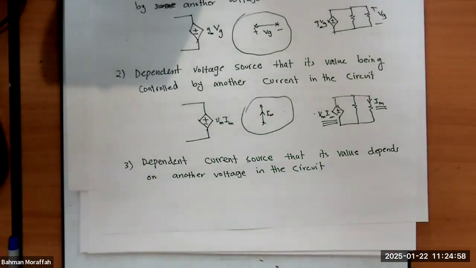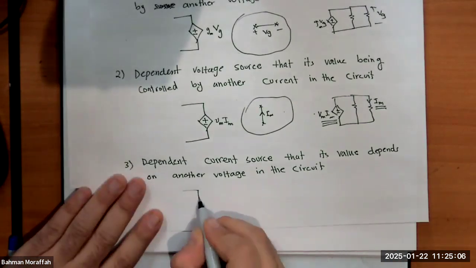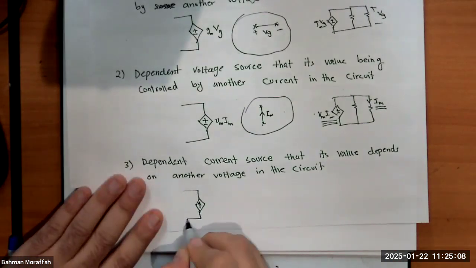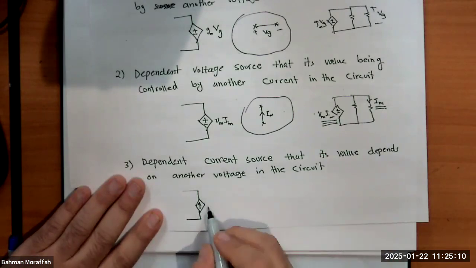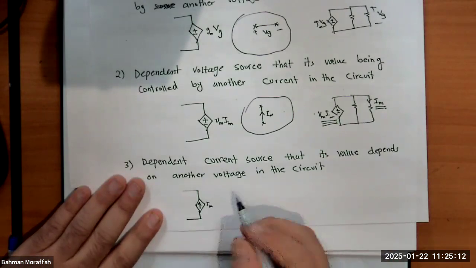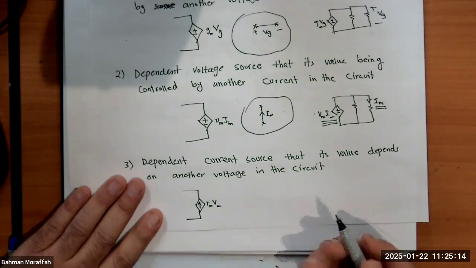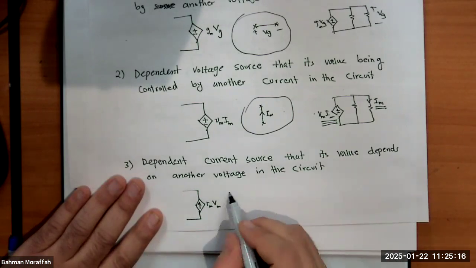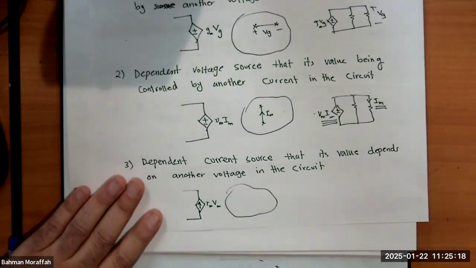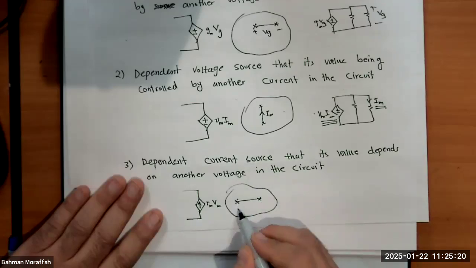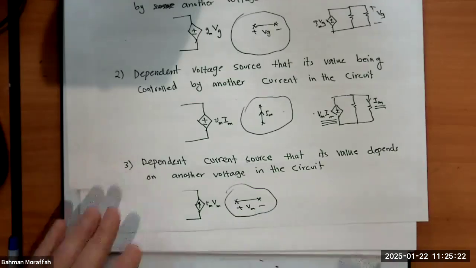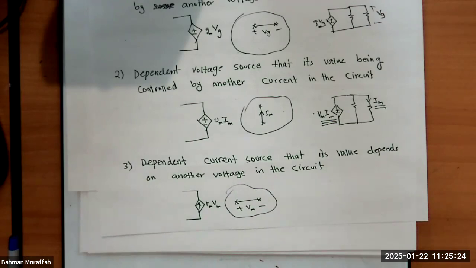I still have a current source, but this time its value is being controlled by some other voltage in the circuit. So if I have, let's say, this, let's call it Gm Vm, and this is the rest of my circuit. There is some voltage in the rest of my circuit, and the value of this current source depends on that.